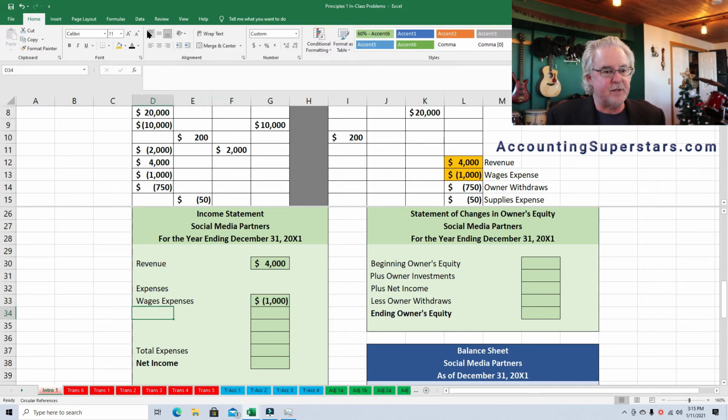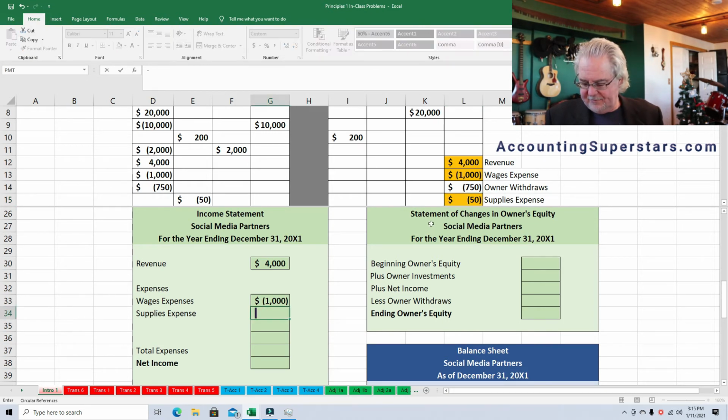We also have supplies expense. Supplies expense, here it is, it's $50. And again, it doesn't matter if I list it positive or negative, but you do want to be consistent. So I'll take that negative 50 and I'll put it right over here on the income statement, negative 50.